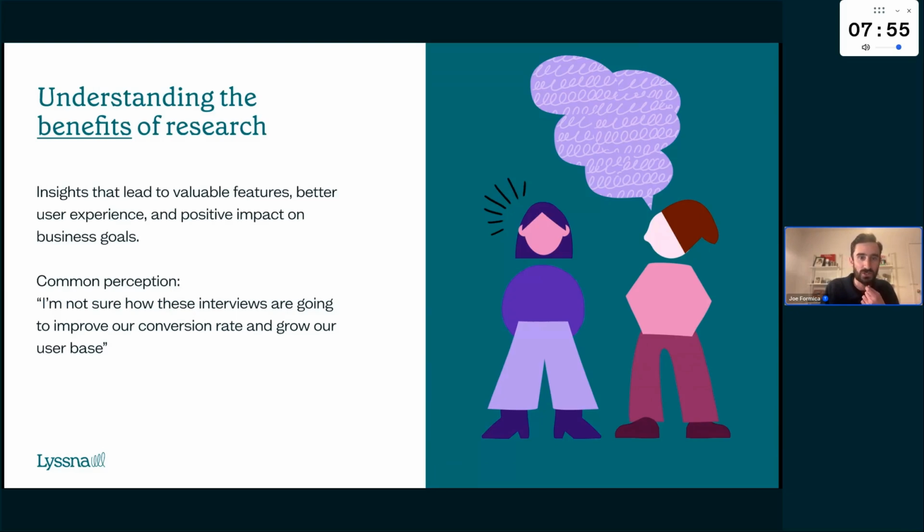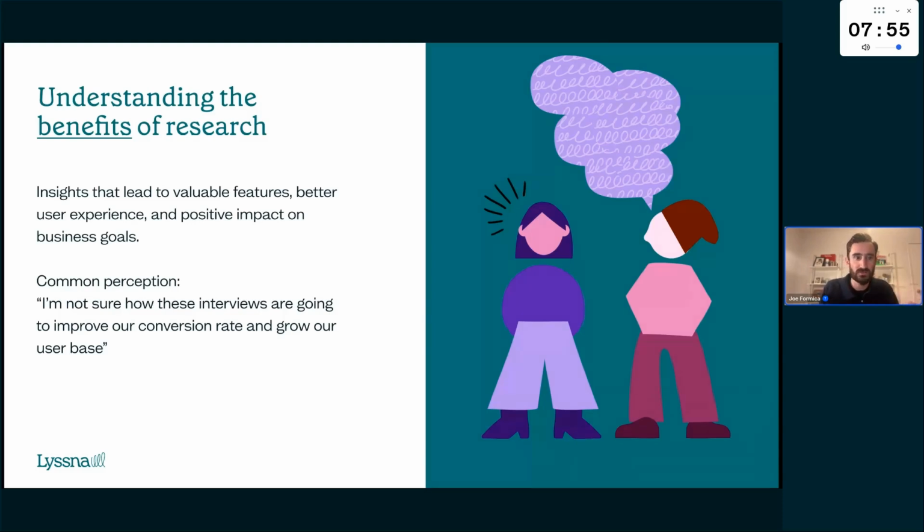How can this research ultimately lead to a better product and experience? So the common challenge, or the common perception around it, is making that connection between interviews or research and those goals that your stakeholders might be more directly interested in, like a conversion rate or growing your user base.